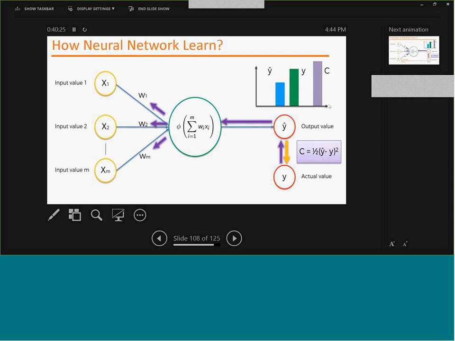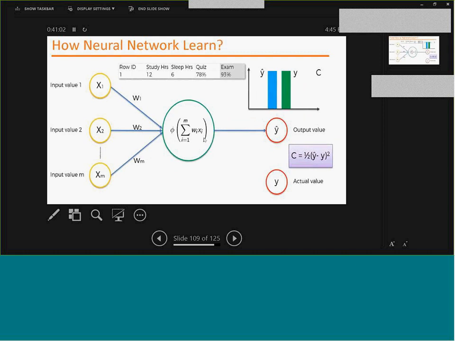If we see over here, the cost is pretty high. So what it tells us is that the cost should be minimized so that this y cap and y become the same value. So what we do typically over here, we go back and then reapply the weights and again do this calculation and then predict the output value. And this is known as back propagation. We do it multiple times, and after that we finally come to the conclusion that is the final pricing.